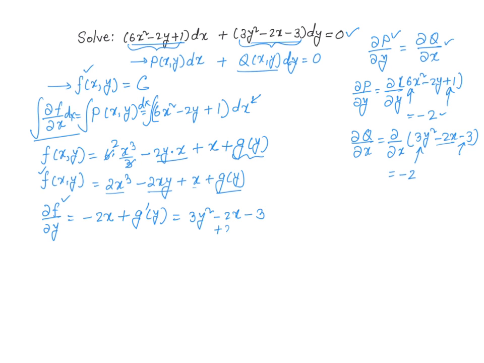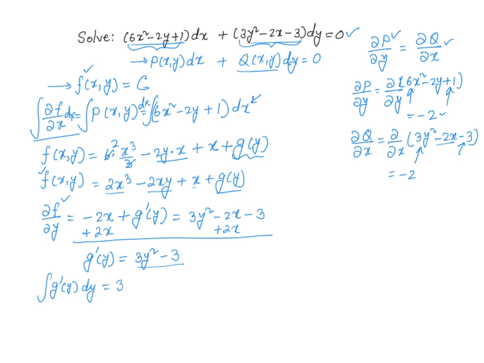So I can add 2x to both sides. That gives me g prime of y, the derivative of g with respect to y, equal to 3y squared minus 3. Then I can integrate both sides. The integral of g prime of y dy is going to be 3 times the integral of y squared dy minus 3 times the integral of dy.